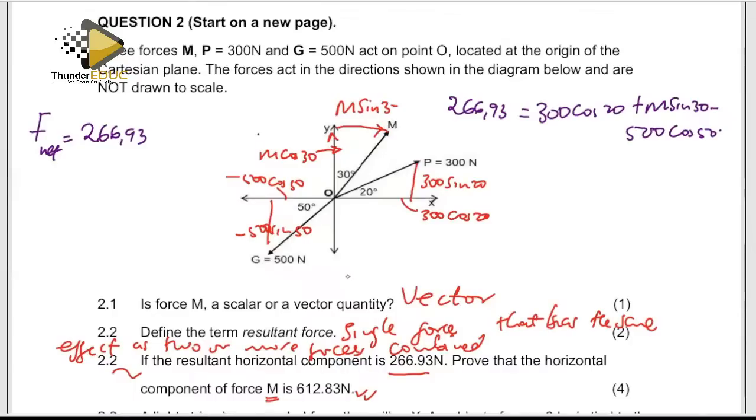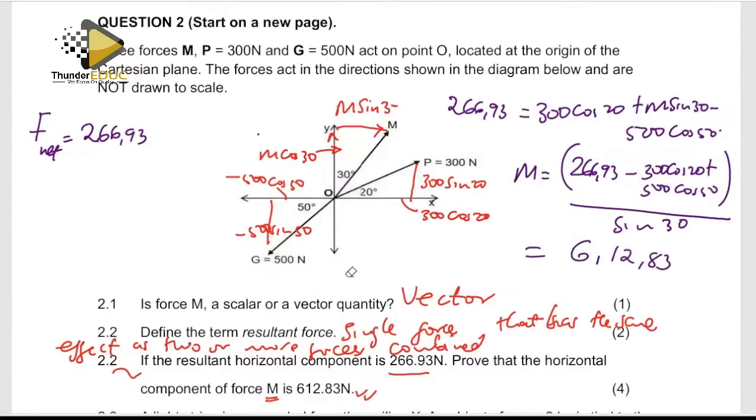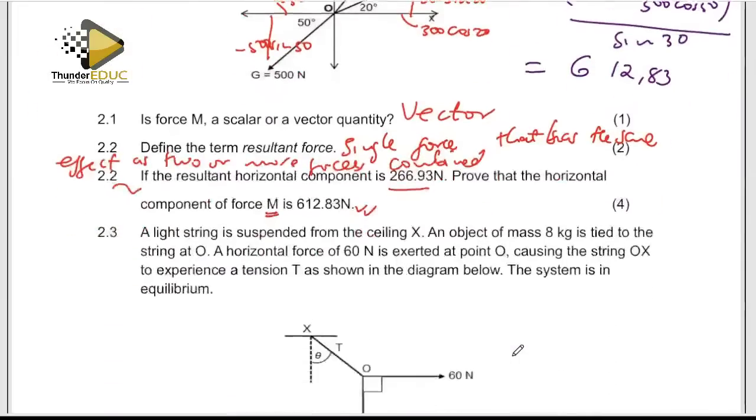We can use the M30 or the M60, there is no problem there, but with the 60 it's going to be a cos, and I'm using a sine there. So when I move everything that side, M is going to be the 266,93 minus the 300 cos of 20 plus the 500 cos of 50, and then I divide this by the sine of 30. This gives me 612,83 newtons, as the question simply wanted.